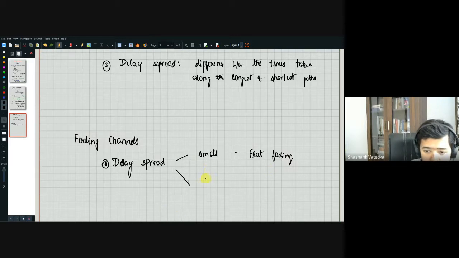Whereas if the delay spread is large, then we call it a frequency selective fading channel.